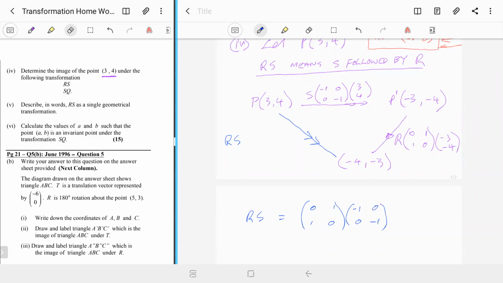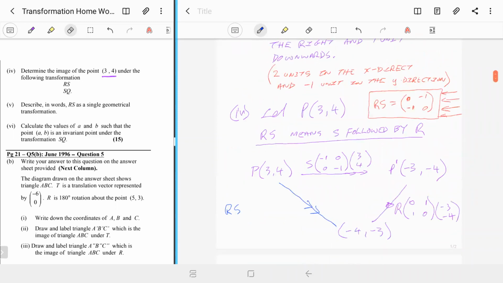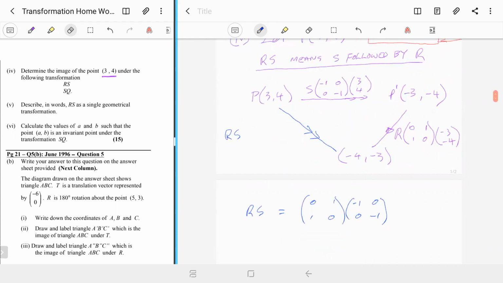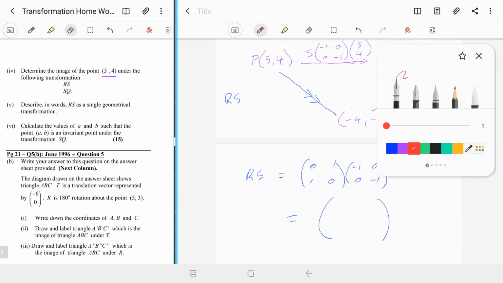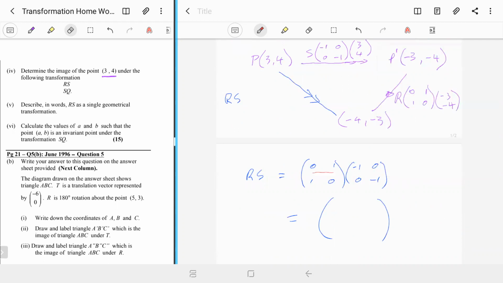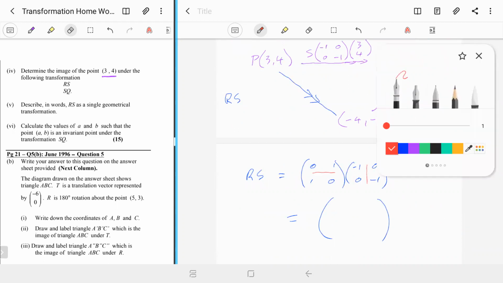I'm telling you that the answer is the y equals minus x reflection matrix. Let's work it out and show you. I know my answer before I even did it because of my must-know items.